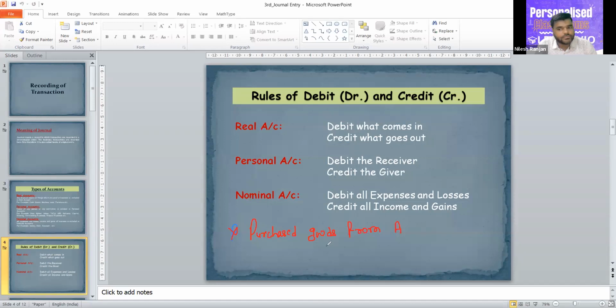A will be credited. And who is the receiver here? Us. So we will not record our name. Instead of recording our name, we will think about other things that should be debited.